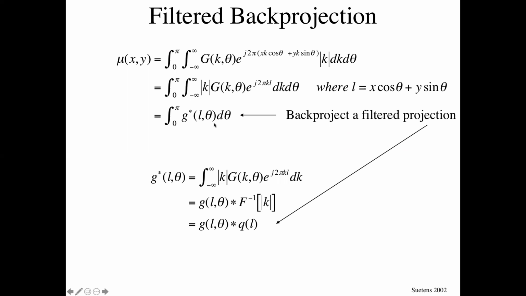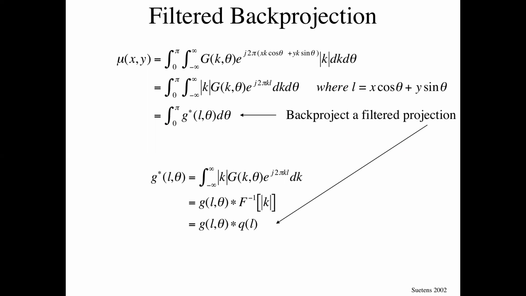Recall it's not g L theta. We know g L theta is the inverse Fourier transform of this big G. This one with the asterisk is the inverse Fourier transform of k times the Fourier transform of g L theta. So it's this k that changes everything.